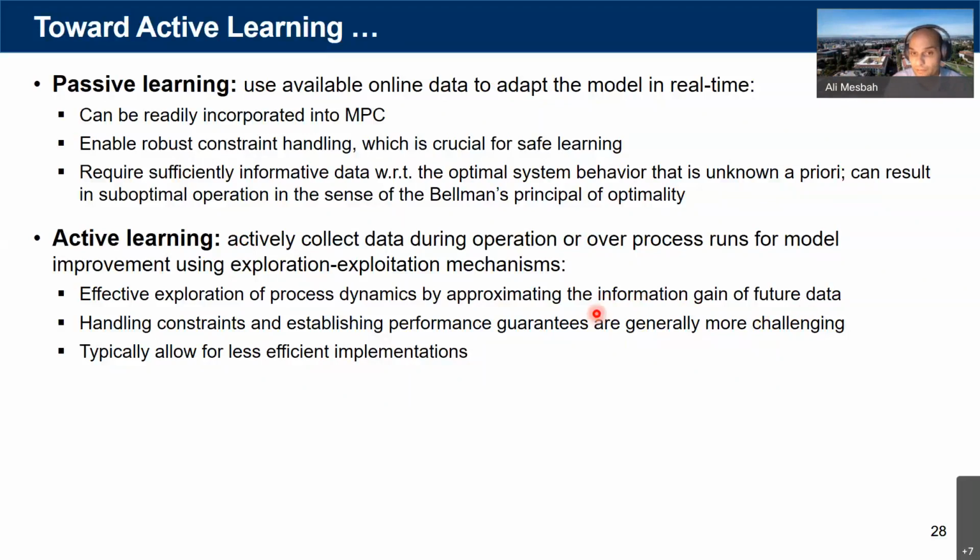So essentially, the goal is to produce more informative data for model learning actively by balancing this exploration exploitation. However, the challenges are handling constraints and establishing the theoretical guarantees of your decision making or optimization algorithm or control algorithm might be more challenging. And also, generally speaking, they are less computation efficient.